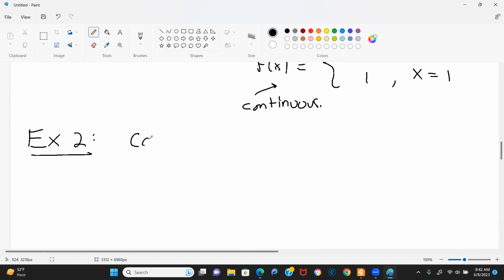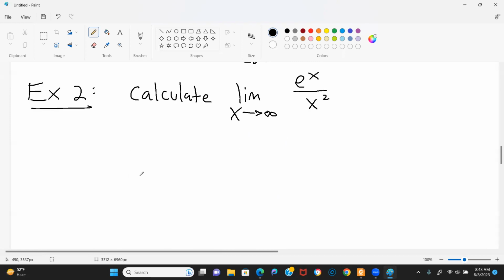We want to calculate the limit as x goes to infinity of e to the x over x squared. So e to the x and x squared are differentiable, etc. They satisfy basically every hypothesis of L'Hopital's rule.